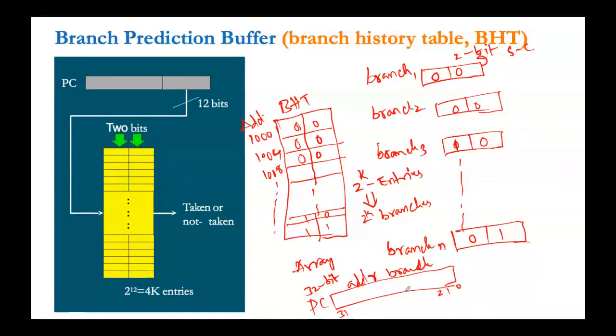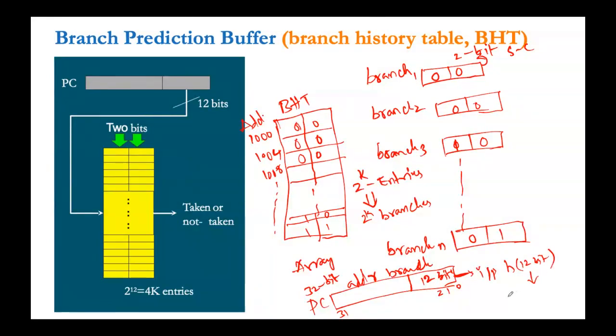To identify these branches in the branch history table, the lower 12 bits of the program counter will be taken and given as input to a hash function.